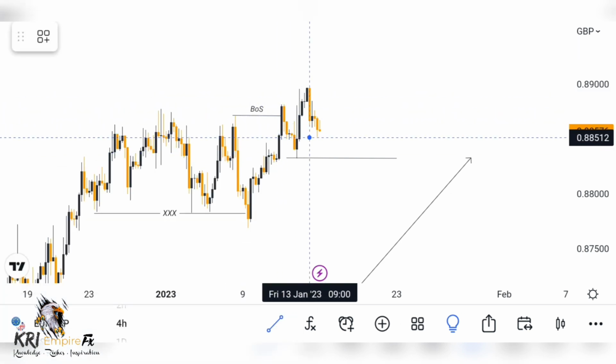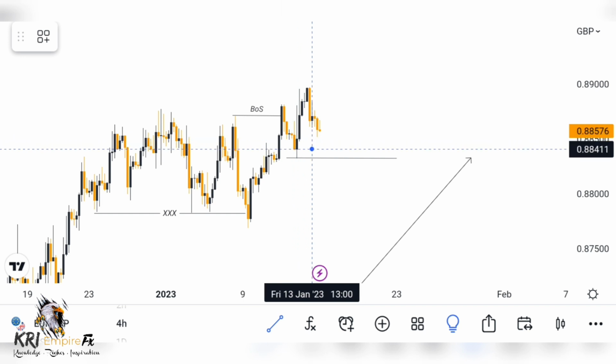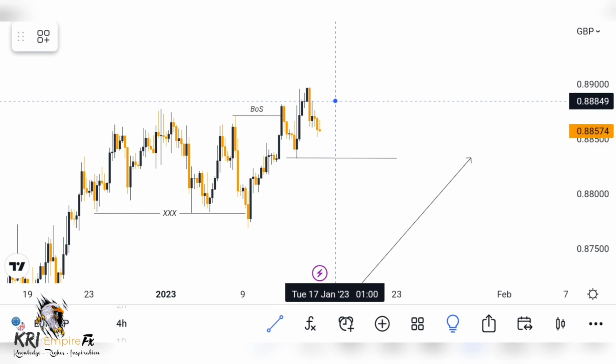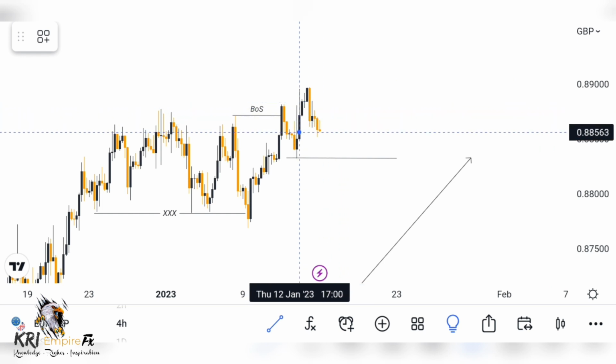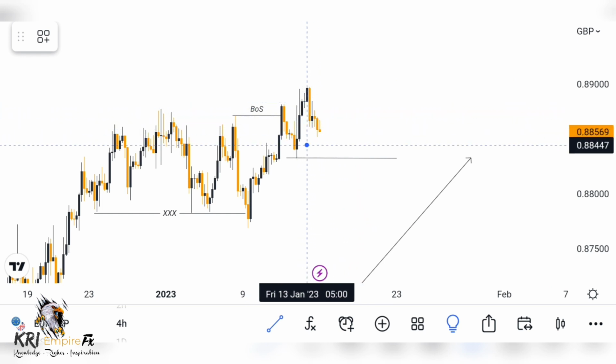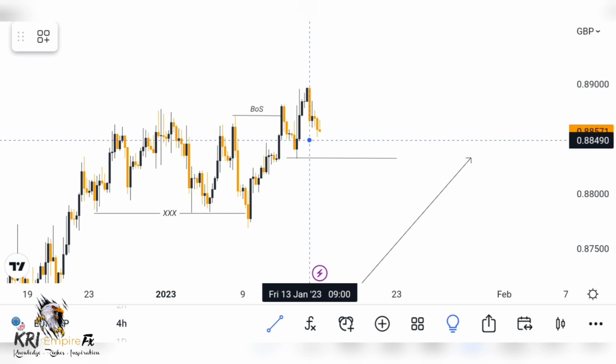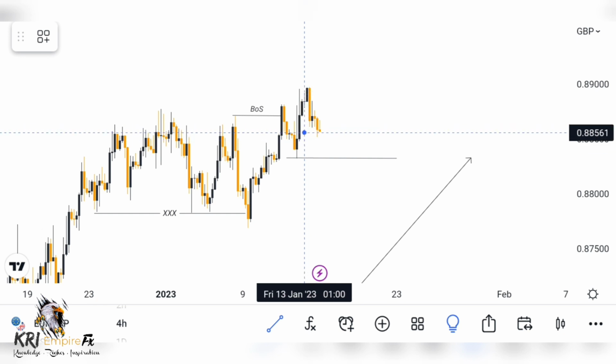So when price gets to a point like this, you expect it to move to the upside, but most of the time it doesn't work because there was no liquidity taken out here. And as you know, liquidity is what drives the market.